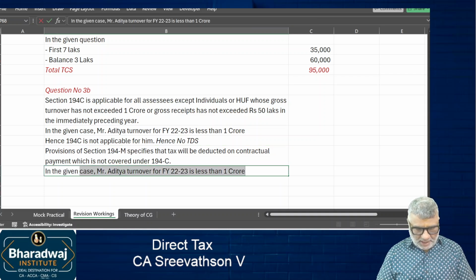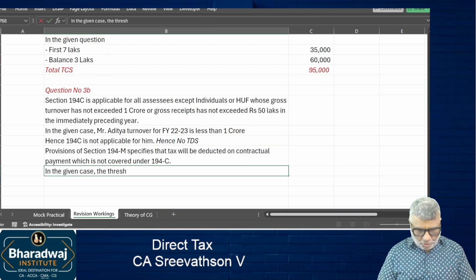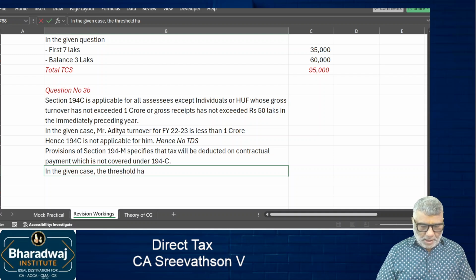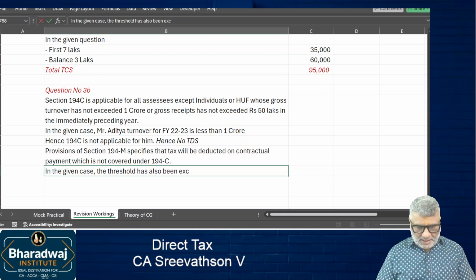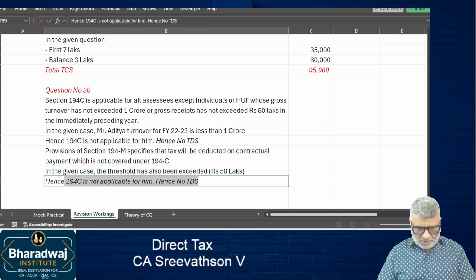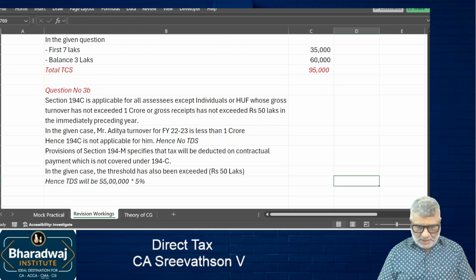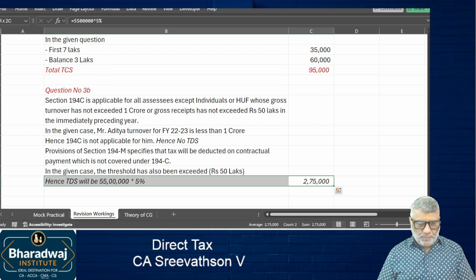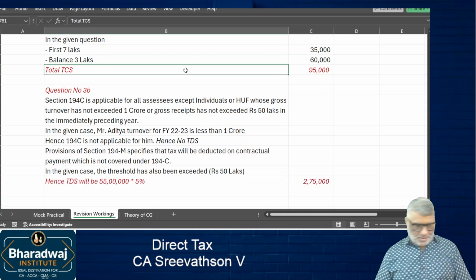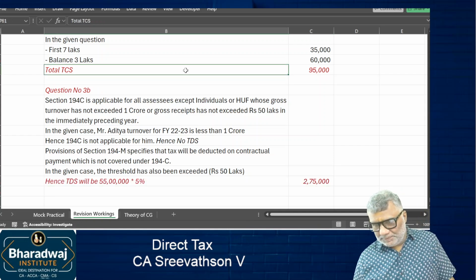In the given case, the threshold has also been exceeded, that is rupees 50 lakhs. Hence, TDS will be 55 lakhs into 5%. In that section, it is 5%. Super answer. Very good thinking.